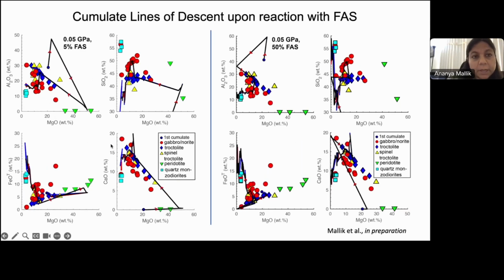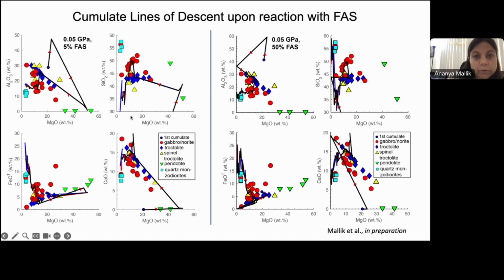This next set of figures shows the same cumulate lines of descent, but upon reaction with the primary crust. To the left, we have the panel showing the lower end member of assimilation, with just 5% ferroanorthositic crust. And to the right, we have a panel with 50% ferroanorthositic crust assimilating.